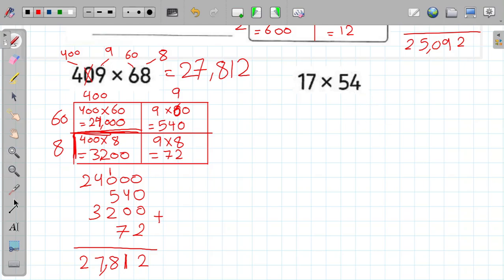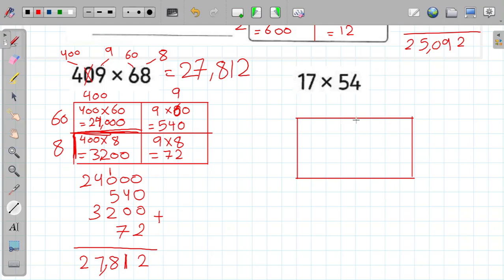Okay, the last one here, I have 17 times 54. So I will draw the model first. It will be like this. I have 1, 2, 3, 4.